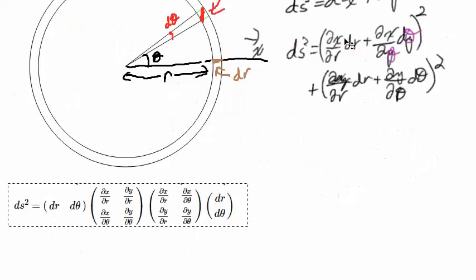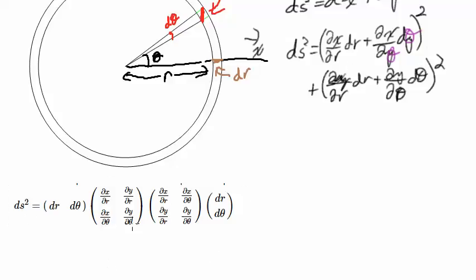Now I wanted to write that as a matrix multiplication, and this is essentially what I have. But let me go through some steps of getting there. This isn't copied from another source. This is just what I would do if somebody told me to express this as a matrix multiplication.